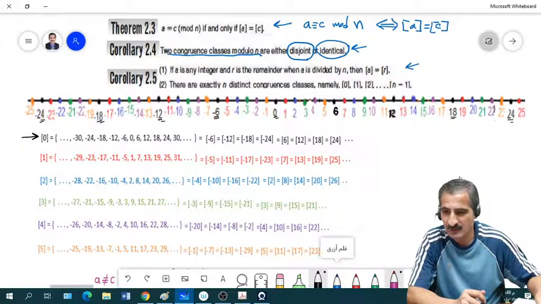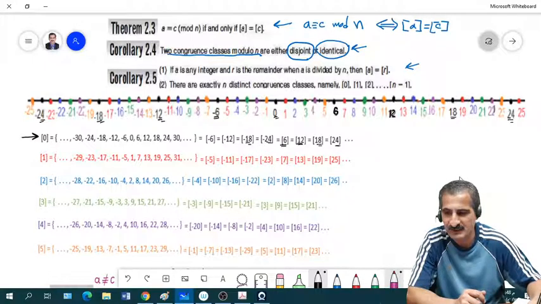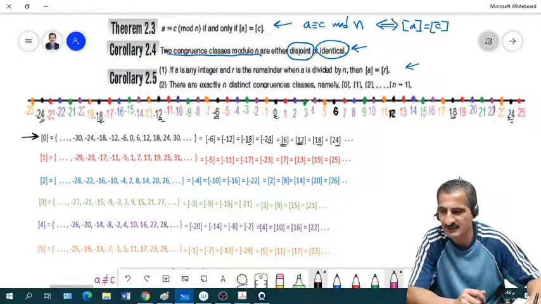So we are saying it is the equivalence class of 6, equivalence class of 0, or equivalence class of any number inside here. So now pay attention. Take any of these numbers. Say we will go to negative 6 here.